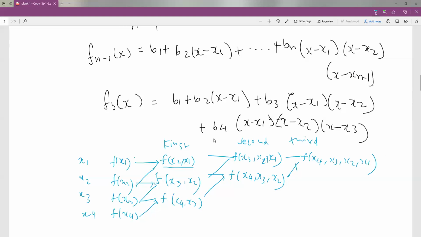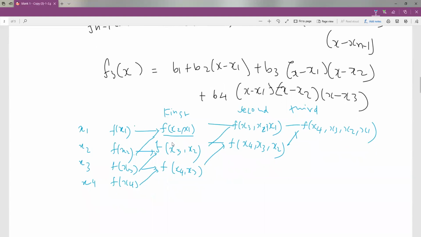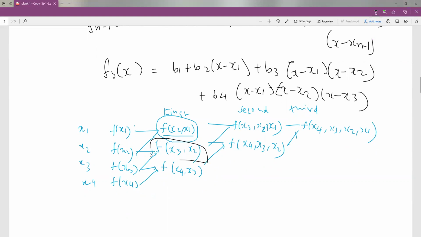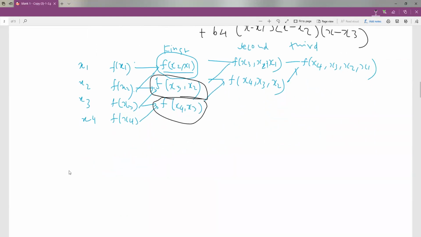So first divided differences will be written. We will write all these three formulas and evaluate our equation. So f of x2, x1, f of x3, x2, f of x4, x3.